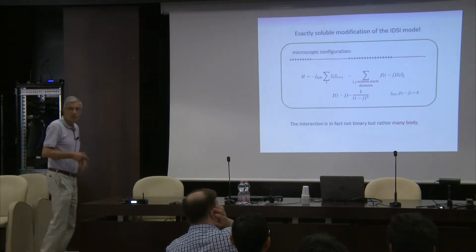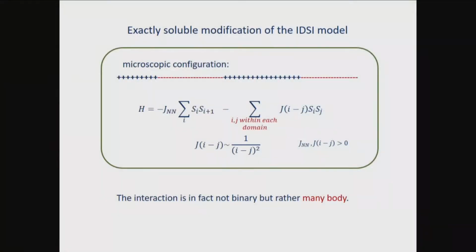What I want to do is to introduce an exactly soluble model. This model is not exactly soluble, but these features could be proved in some way. What I want to take is a simple modification of the model and show that you can really demonstrate this feature.